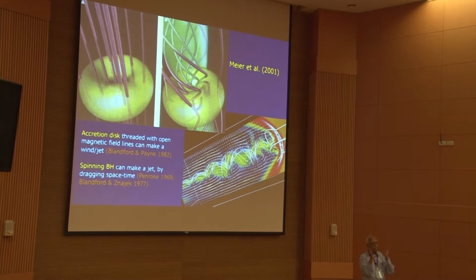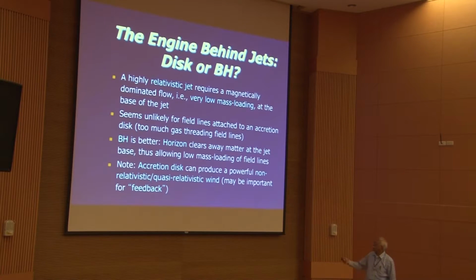But in any case, it is a natural region where you can have a lot of power, and quite naturally there won't be a lot of gas. So I believe when you see really relativistic motion, it's probably coming from the black hole. This could be wrong. This is my prejudice on this business.